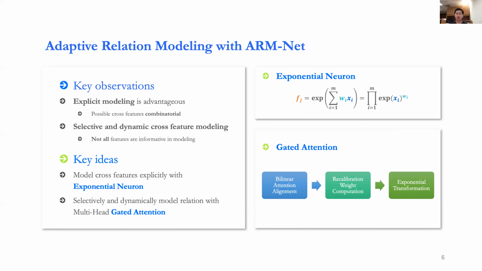In this slide, we will select and construct novel components and mechanisms for such adaptive relation modeling. In particular, we propose novel exponential neurons and a gated attention mechanism, which we will introduce in the following slides.